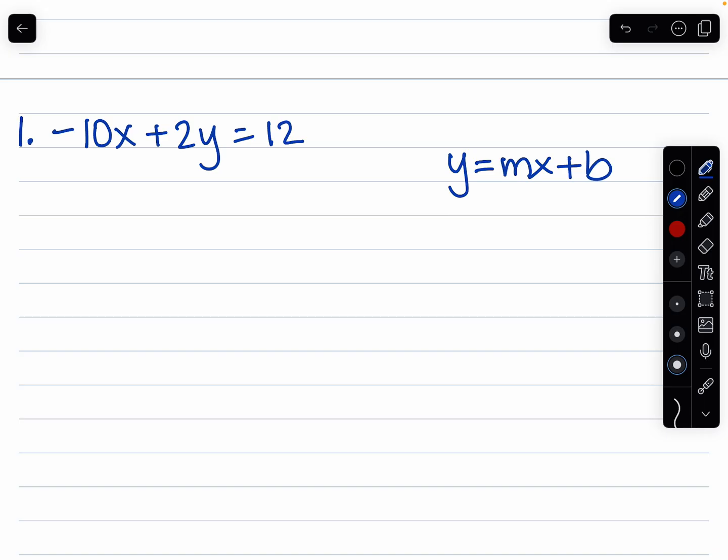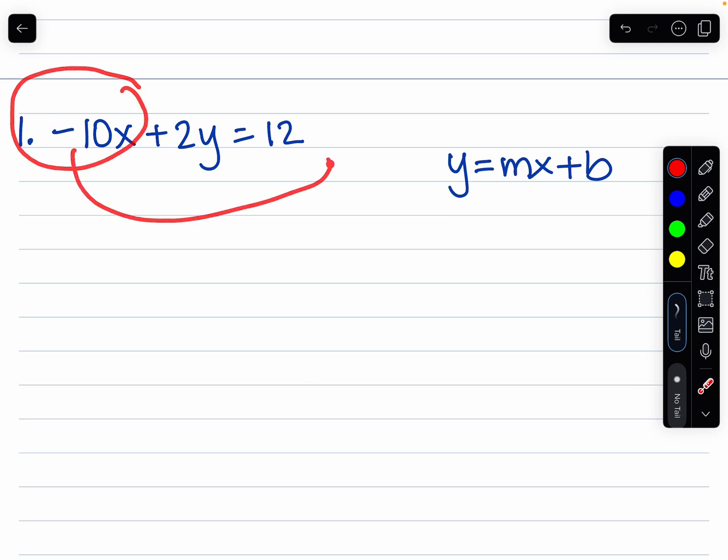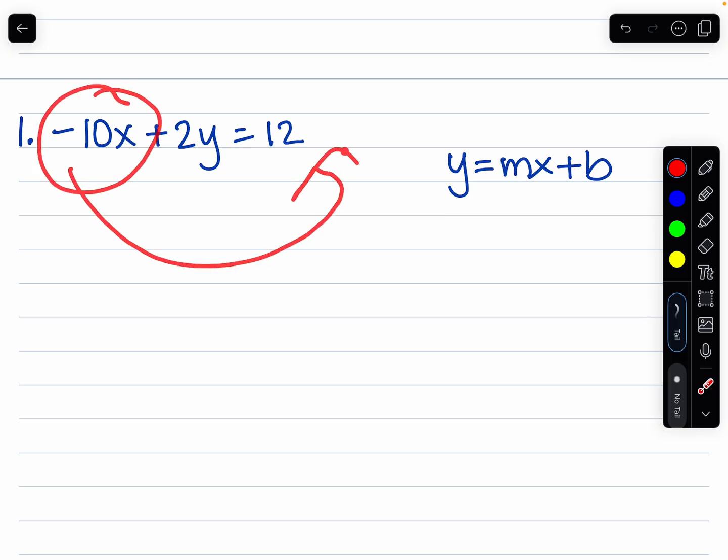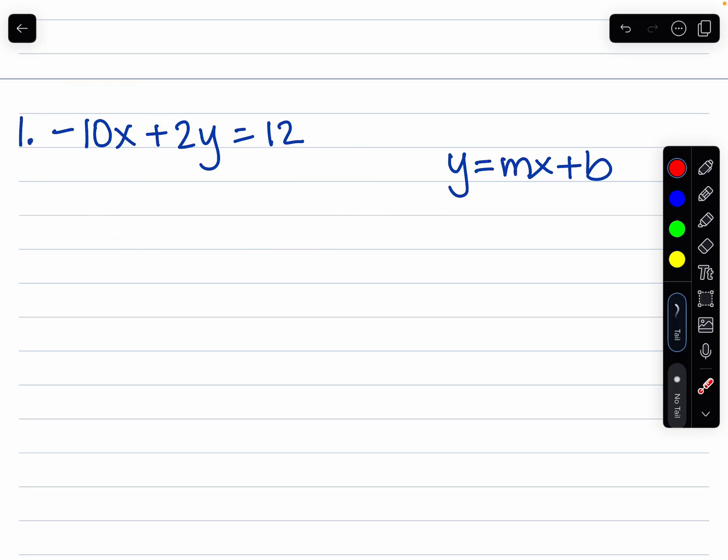We still want this equation to look like y equals mx plus b. The problem right now is that we have x on the left side. Which side of the equal sign should x be on? The right side. And then what's with y that we also don't want? 2. So there's two things I need to do. I need to get 10x over to the right side, and then I need to get rid of this 2.